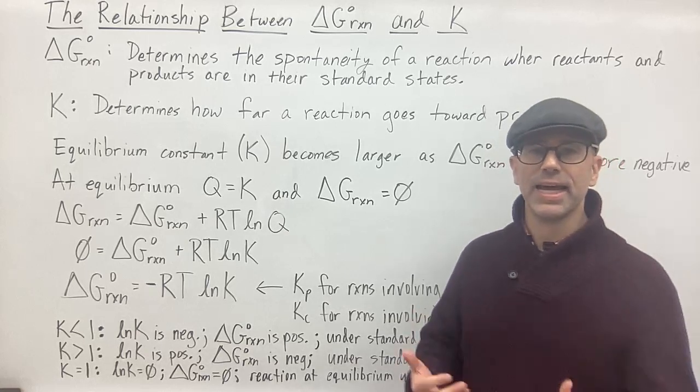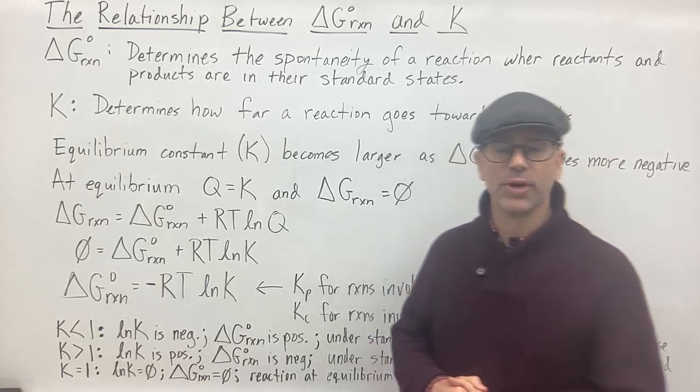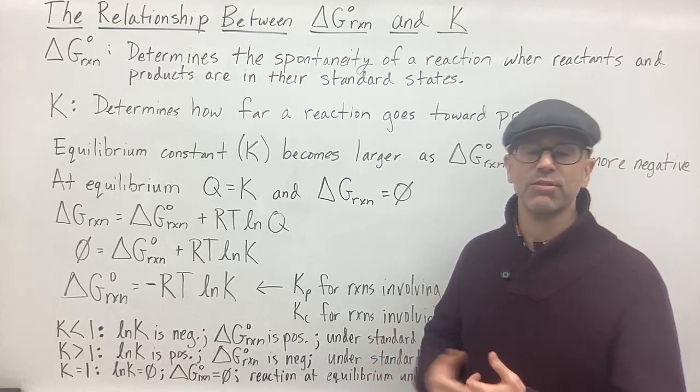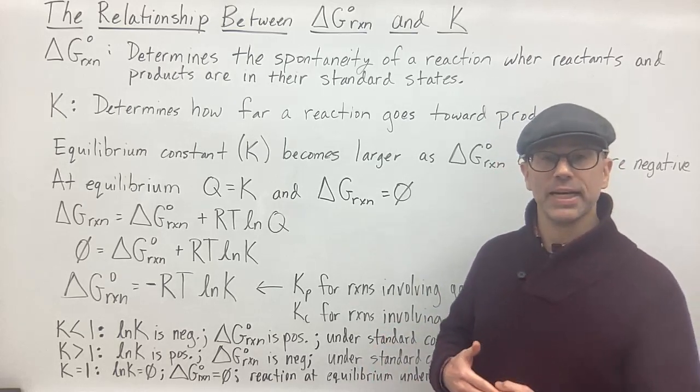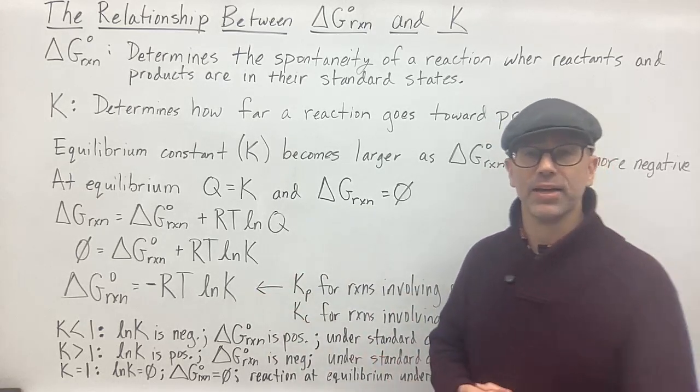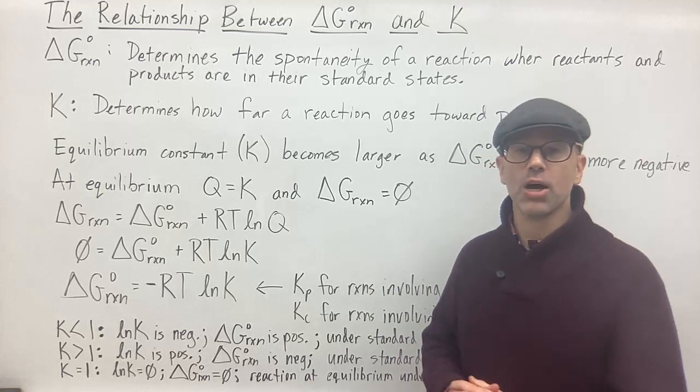So if we get a negative standard free energy change of a reaction, we say it's going to spontaneously go towards products. So we would then expect that K is going to be relatively large.